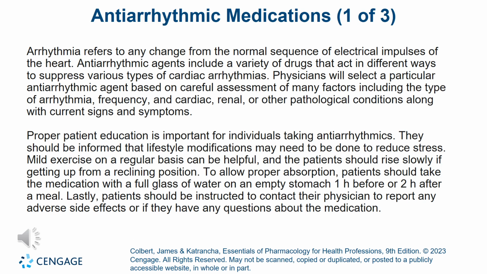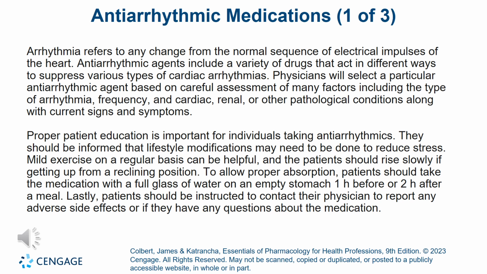The heart beats by a normal sequence of electrical impulses. When there is any change in this normal sequence, we refer to this as arrhythmia. These electrical impulses can happen too quickly, which is our term tachycardia, too slowly, bradycardia, or erratically, which is fibrillation.